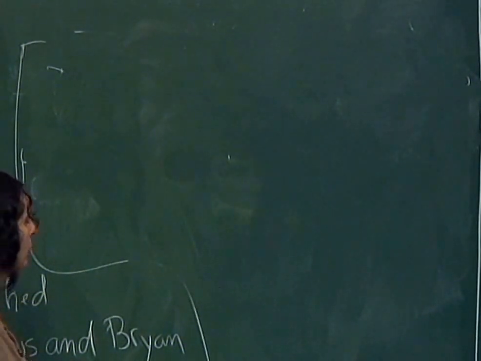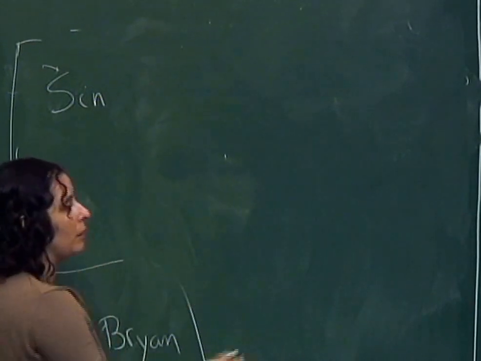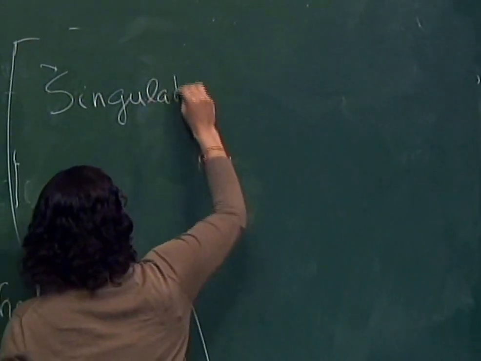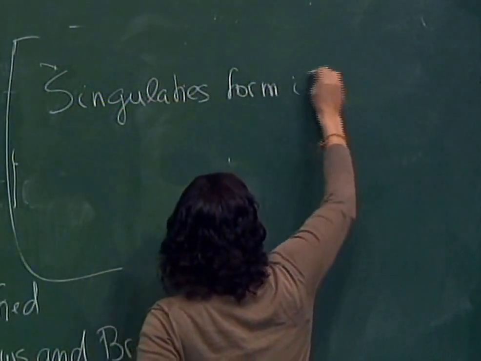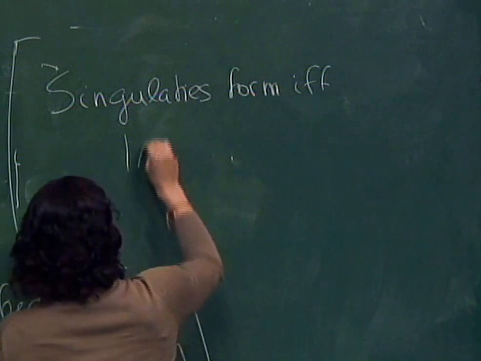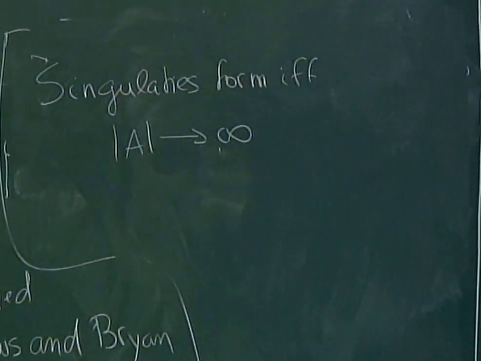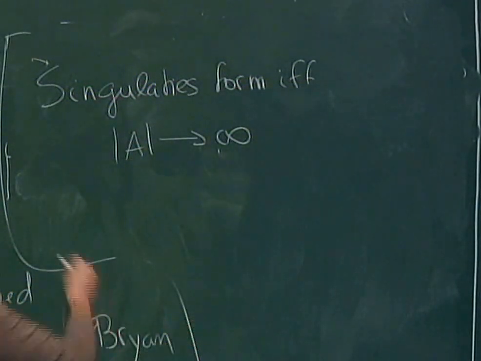That is the following. So singularities form. One can show using the maximum principle that singularities form if and only if the second fundamental form goes to infinity. One can show that in the case that this is bounded, then everything is smooth.